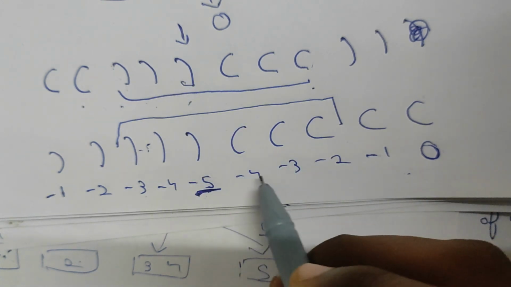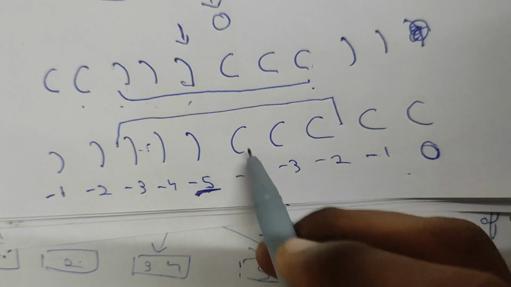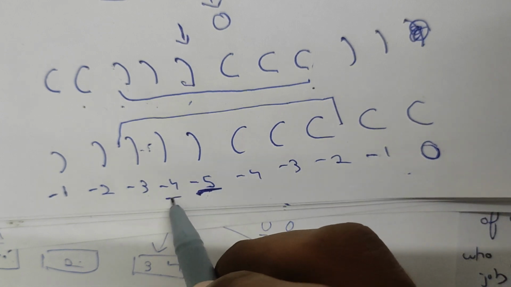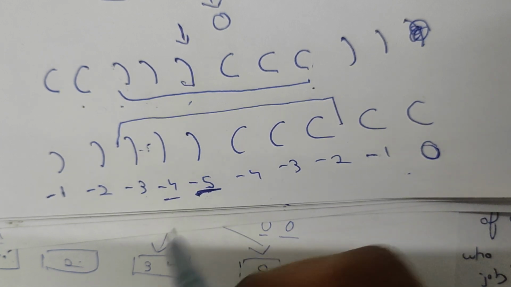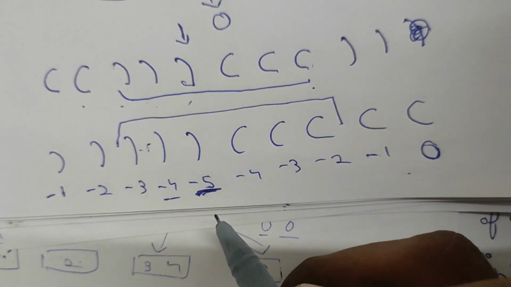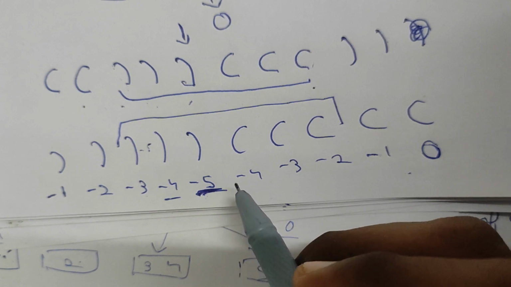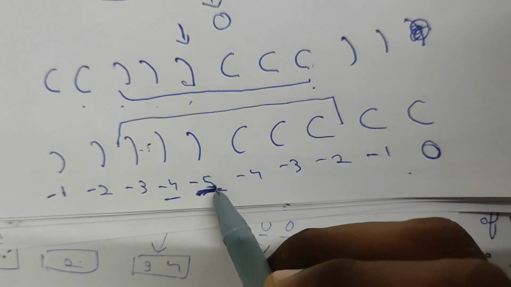We can take any other value as well, but to get the optimal value, it will be more useful to take this particular value. So we got minus 5.